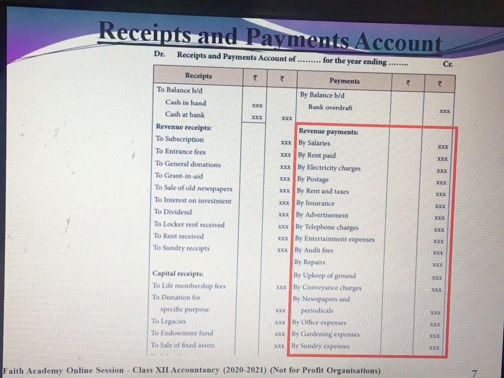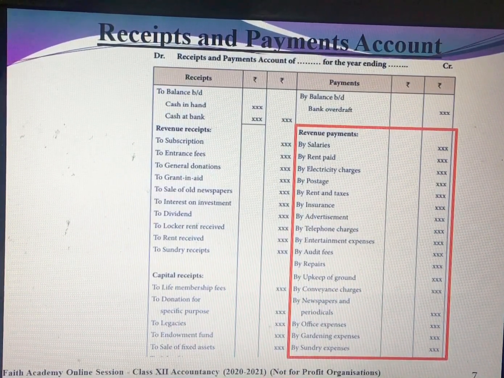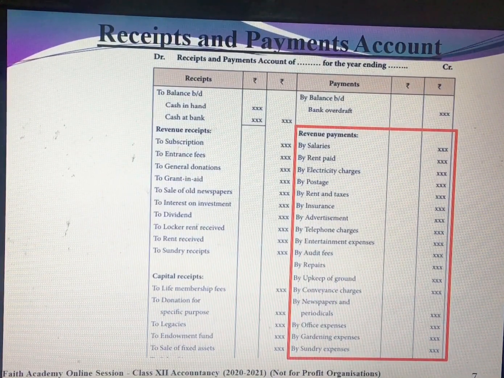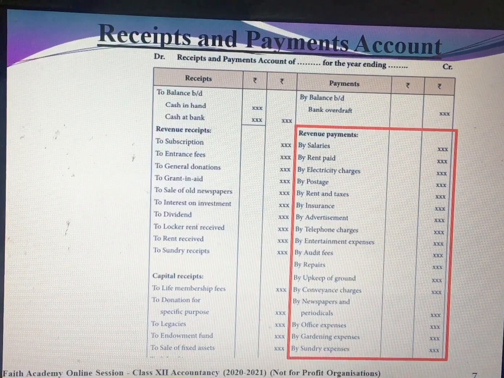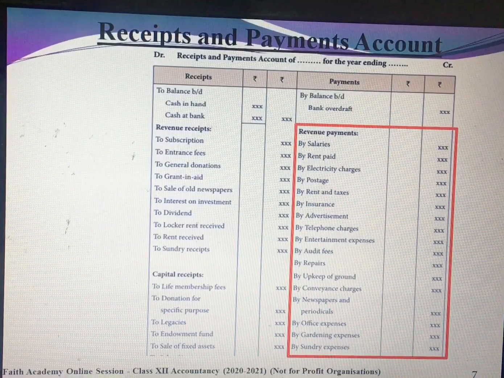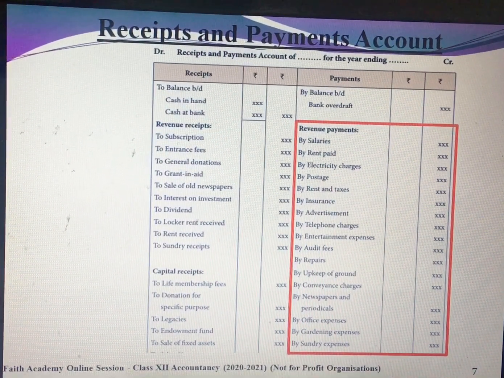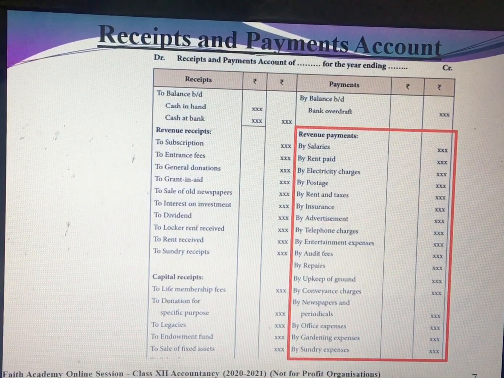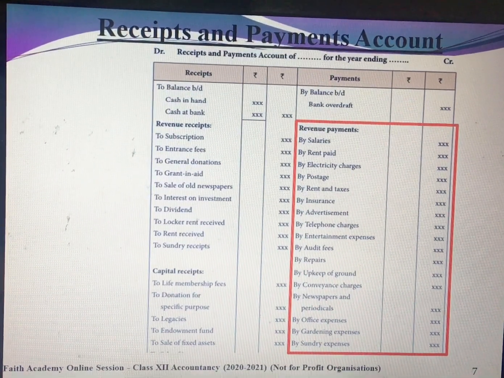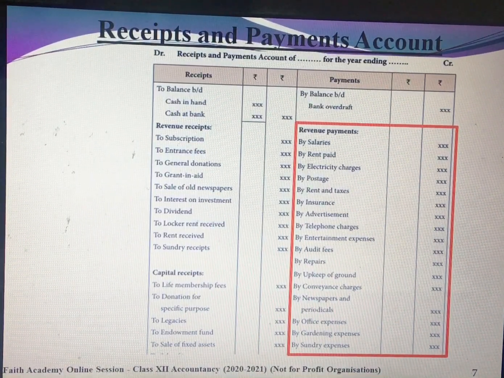So what are the revenue payments that the not-for-profit organization has to deal with: advertisement, telephone, entertainment, audit fees, repair, maintenance, insurance, rents, rates. So you can see all the revenue payments are mostly the examples of the expenses which we mostly show in the debit side of the profit and loss account, right?